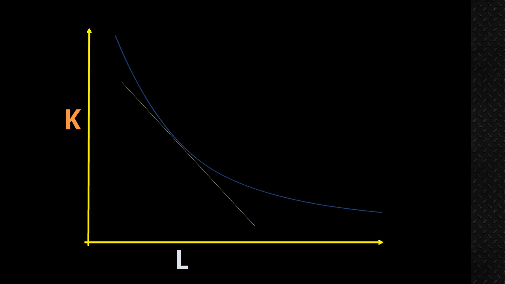In this scenario, MRTS LK shows how much capital input a producer has to give up for one additional unit of labor input so that his output remains intact. In the limiting case, it is just the slope of an isoquant at an instant point.